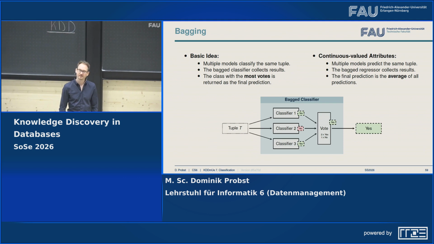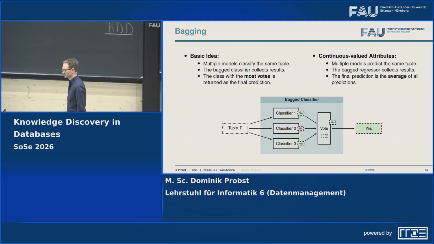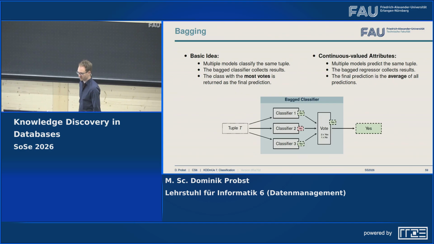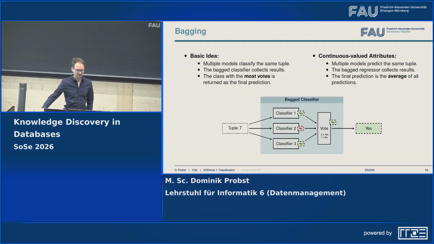So if one has 30 as a result, one has 20 as a result, another one has 0 as a result, then the result in total would be 30 plus 20 plus 0 divided by 3, so 10. That's a bagging classifier. Pretty easy to do.